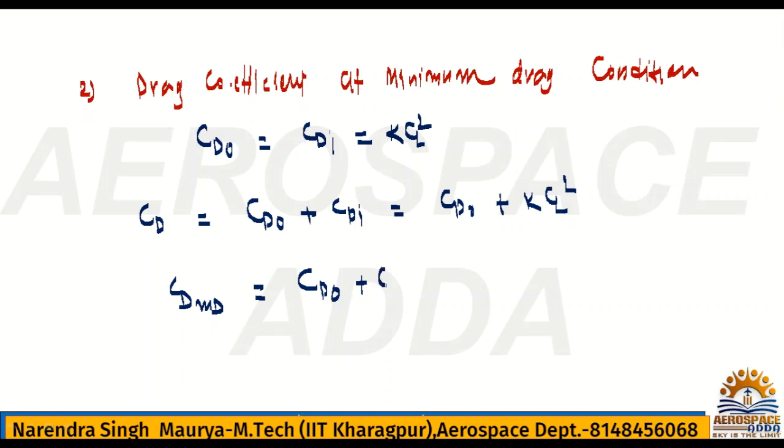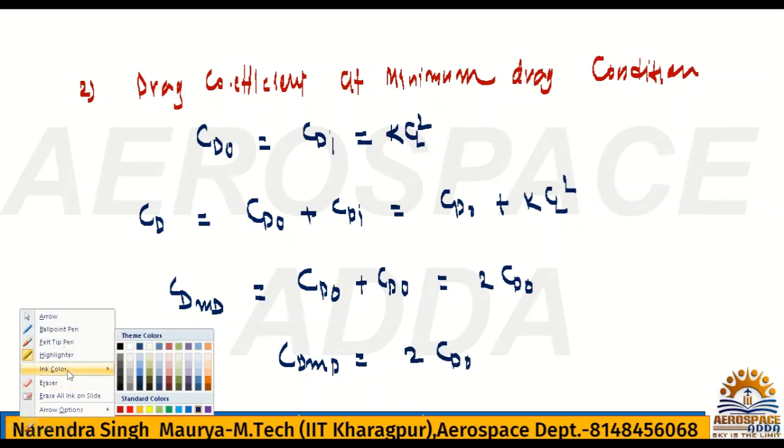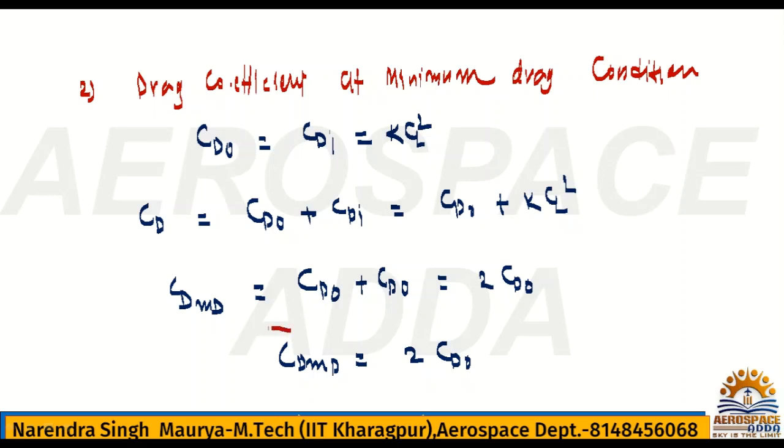It is CD naught again. So we have 2 CD naught. So basically the minimum drag coefficient CDMD will be 2 times CD naught. Number 2.